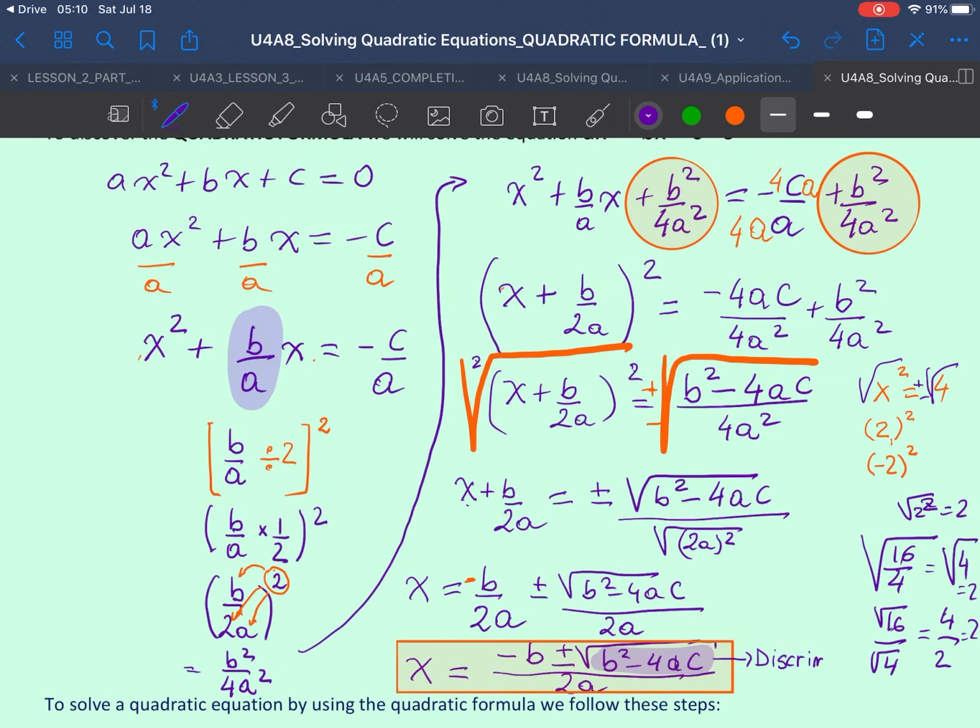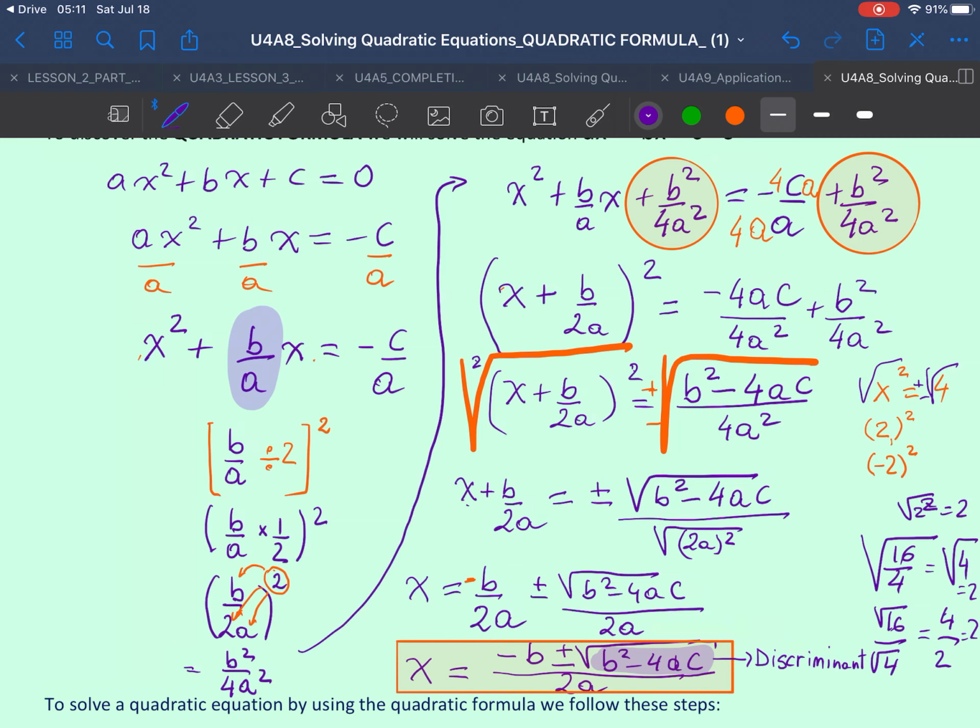I don't know exactly the story of naming a discriminant, but my understanding is that this expression contains all the coefficients of the equation, and we know that the coefficients of an equation make an equation unique, so it discriminates one equation from the other.